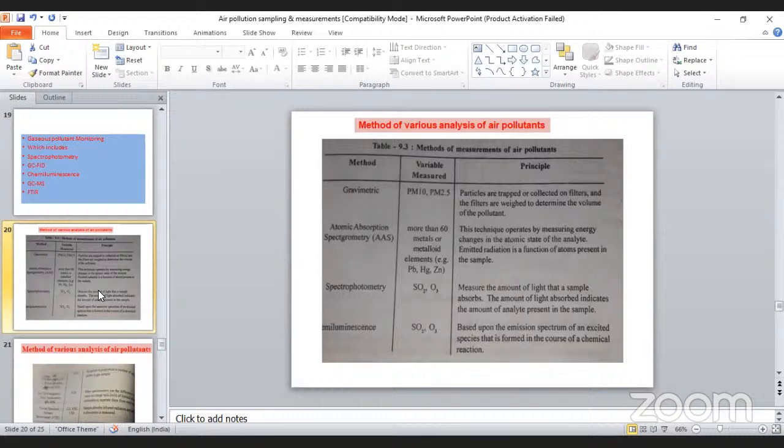When the reaction is taking place, some of the species might be excited, which gives the emission spectrum. Based on that principle, SO2 and O3 quantification is taking place.